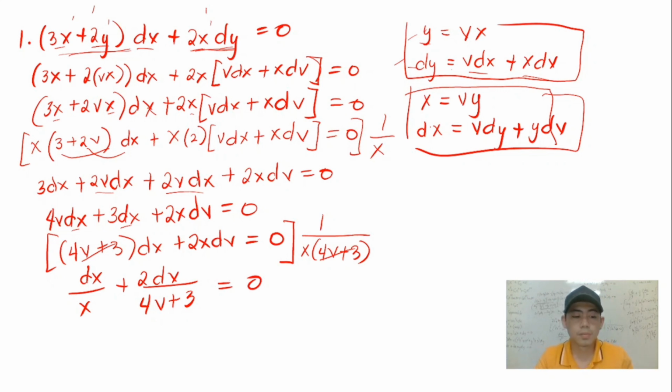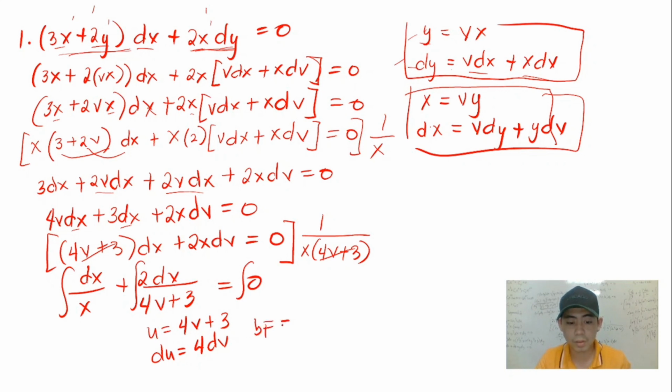After that, that's the time that you need to integrate. So, let u is equals to 4v plus 3, du is equals to 4dv. So, we need a balance factor of 1/4. Okay, other slide na tayo.